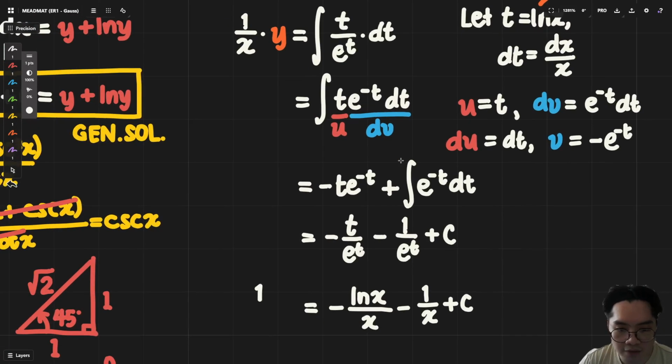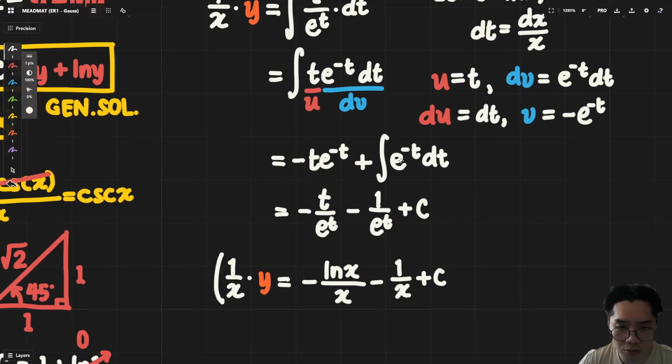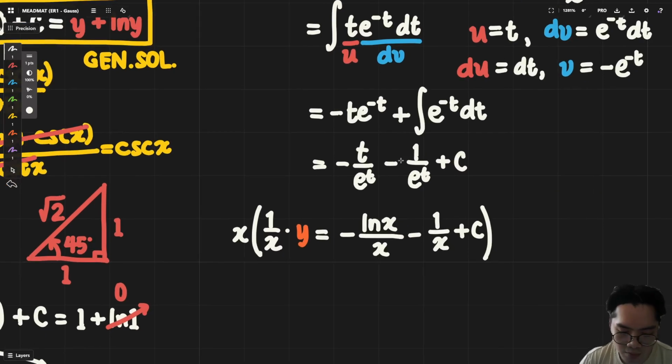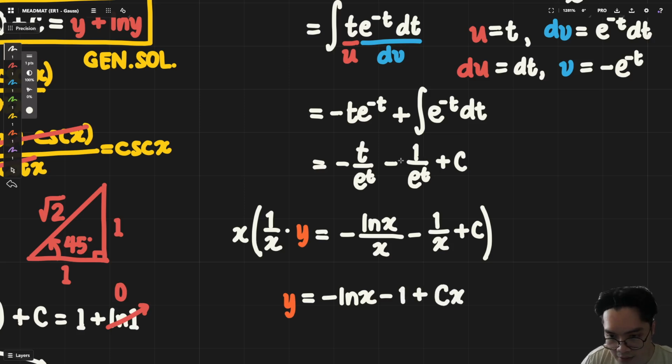And now we will have here on the other side 1 over x times y. So a great way to just cap this off would be to multiply everything by x. And we will have our general solution, which is negative ln x minus 1 plus c times x. Right?